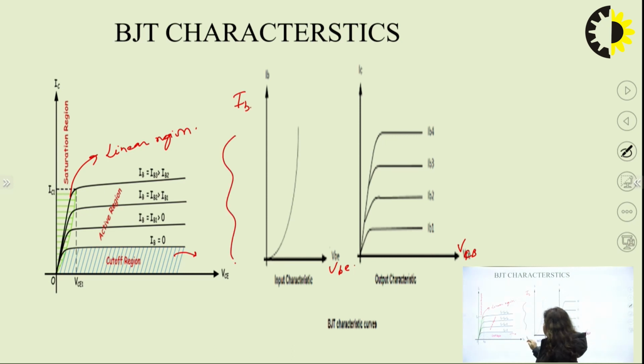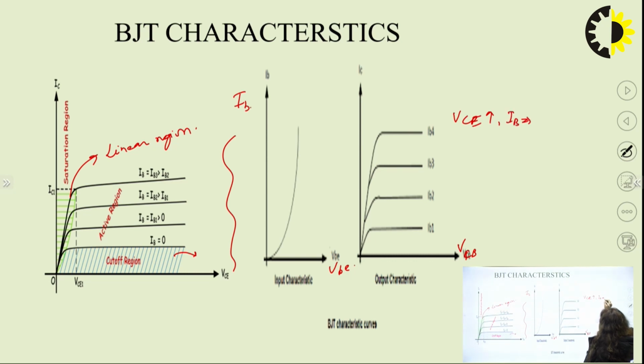With this graph you can see that there is a cutoff region below IB equal to 0, and above IB equal to 0, whenever you increase the current from IB1 to IB2 and to IB3, and you increase the voltage between collector and emitter, you have a change in the collector current. So here VCE is increased, IB having some constant value, and IC will get increased.